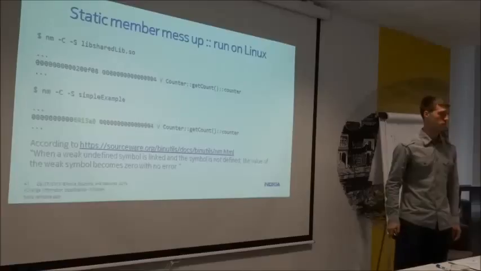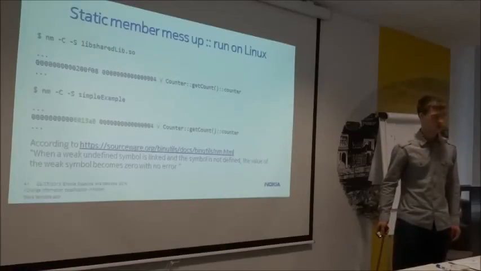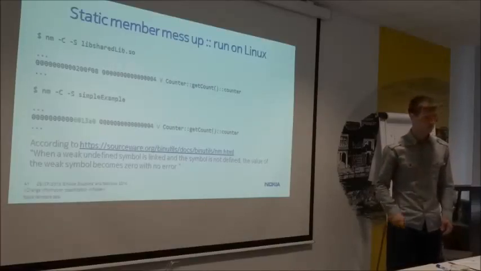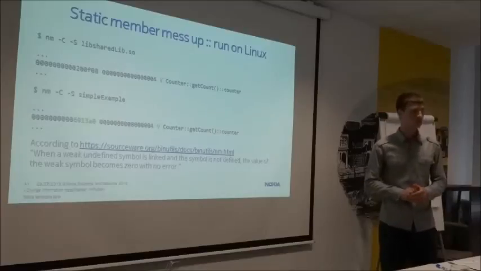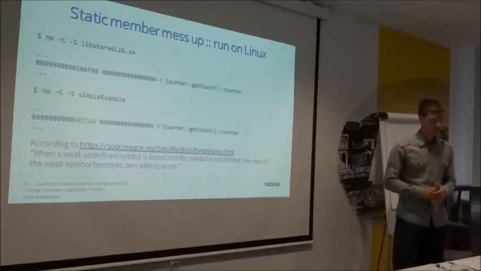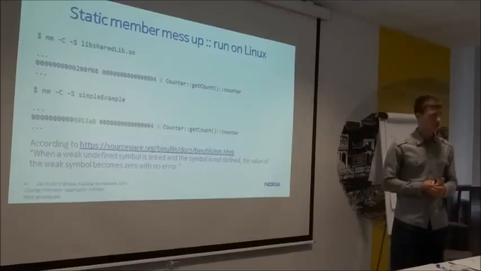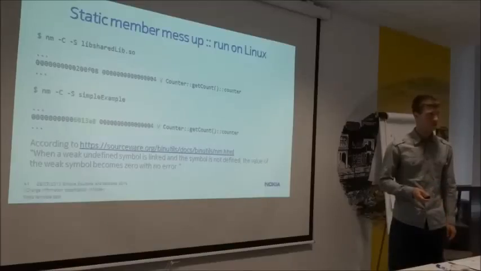Yeah. And as I guess, when we have both symbols, definitions of this function inside the executable and the dynamic library, the compiler or linker puts information that it can also find this definition inside the library.